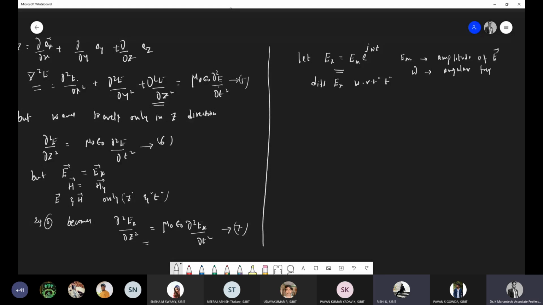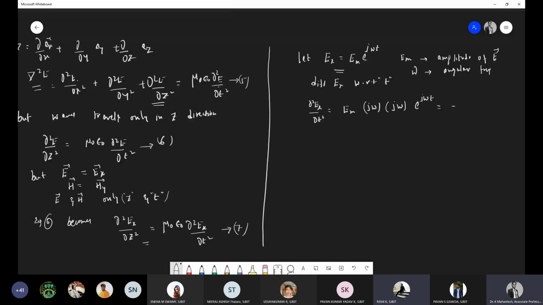So what happens if I take the partial derivative of second order with respect to t? This will be dou square Ex by dou t square is equal to Em is constant, j omega into j omega, 2 times we have differentiated e to the power of j omega t.